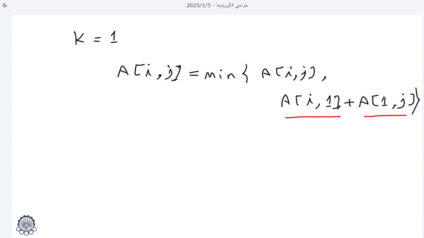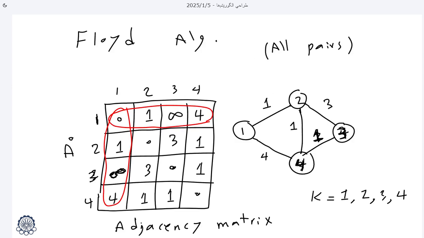Okay, so we consider row 1 and column 1, and sum up the values which are in this row and this column.